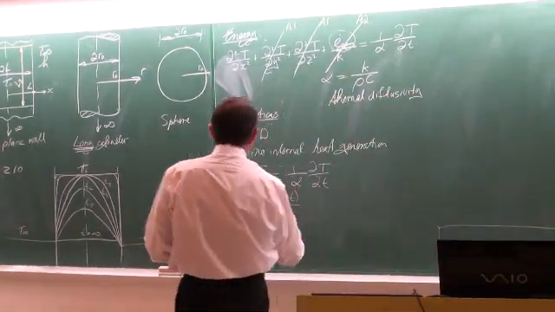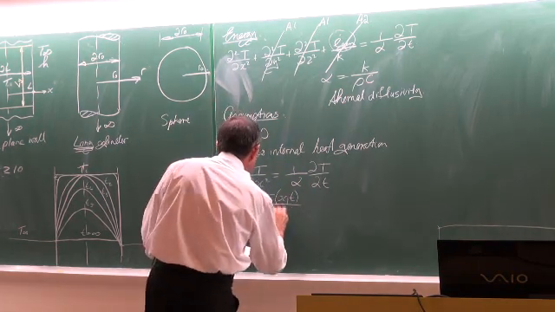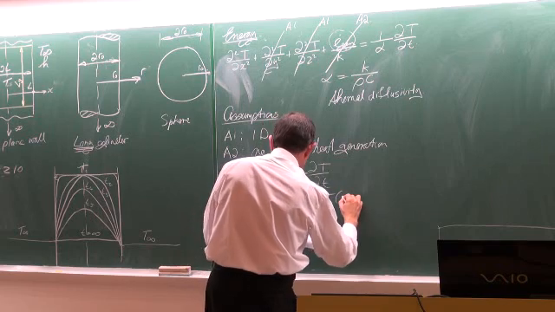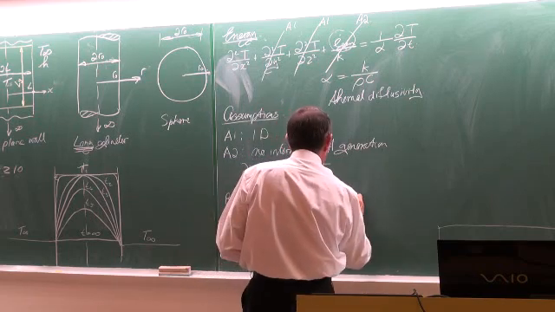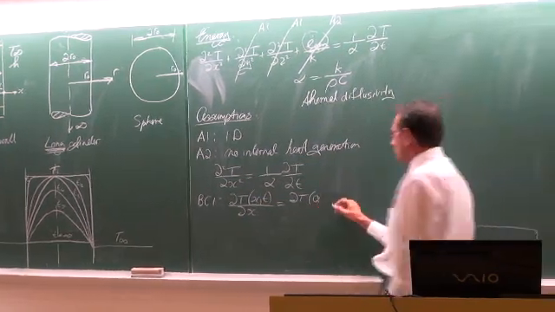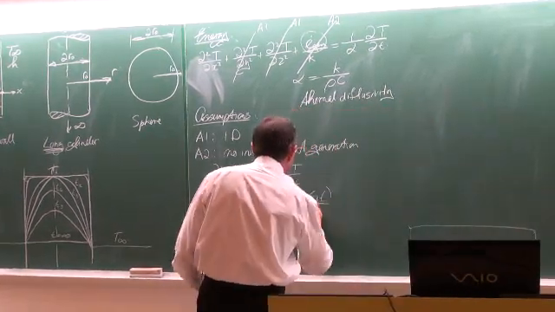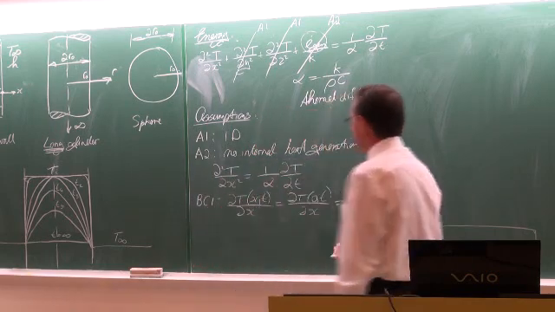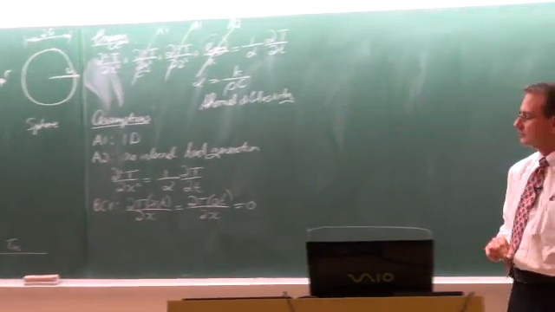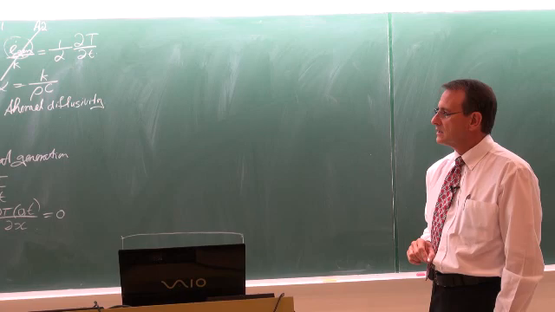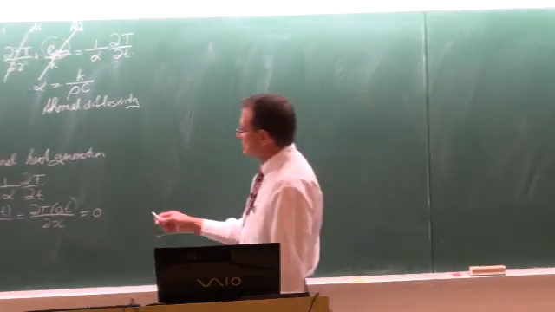So partial dT(x,t) dx, and now we want to know what happens when x is equal to 0. When x is equal to 0, we said that that should be equal to 0.